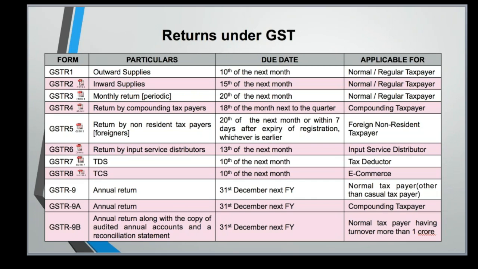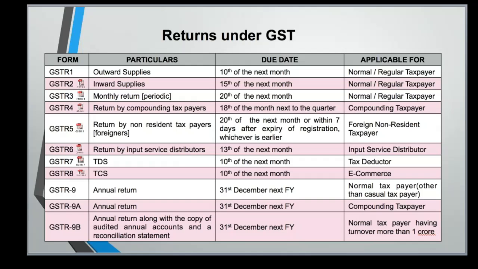The offline utility for filing this return is also available now on the common portal under the GSTN website. You can log in there and download the offline utility. They have made a very good software wherein you need not have any particular ASP or GSP service. The government is giving you a software with 2-3 options.